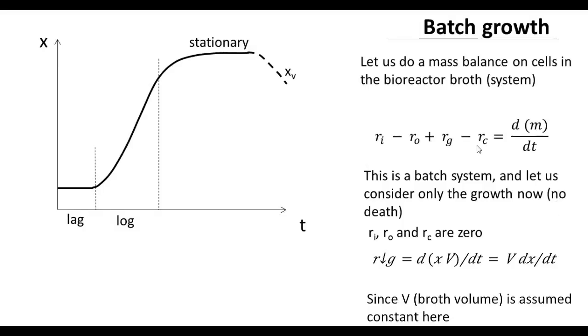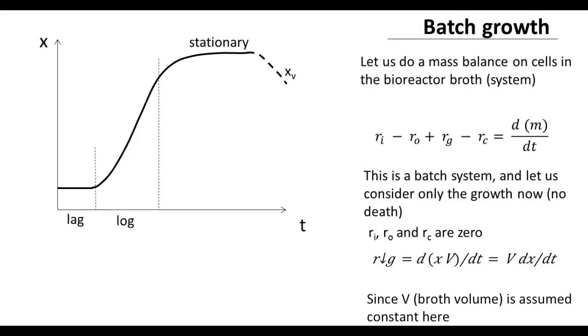Therefore, Rg, which is the growth rate on a mass basis, equals dm/dt. We replace m in terms of cell concentration, because the cell concentrations are the ones that are easily measured. We would like to write things in terms of measured quantities because those are the ones that can be used to make decisions.